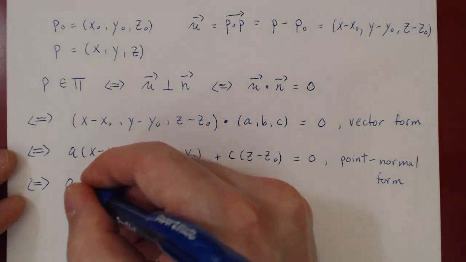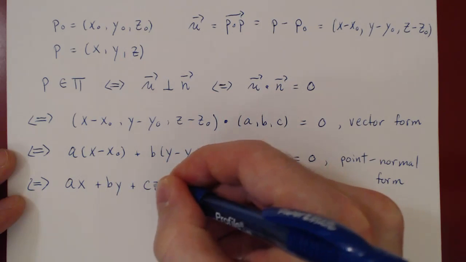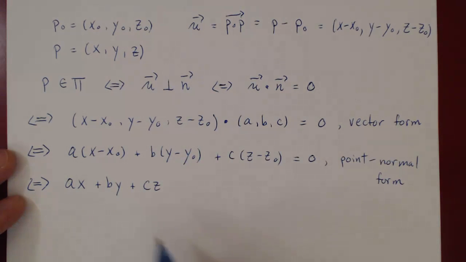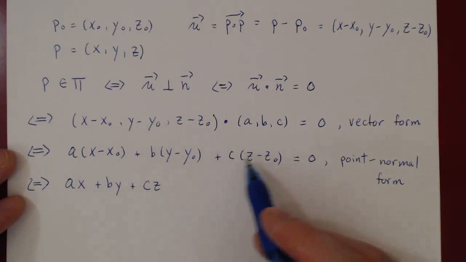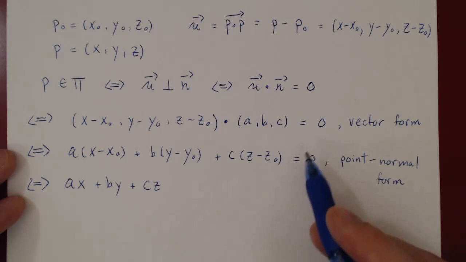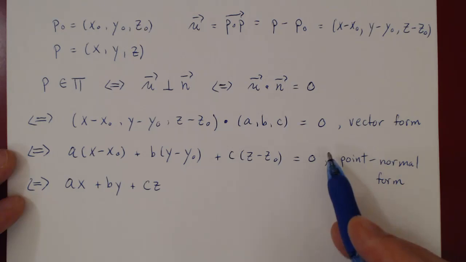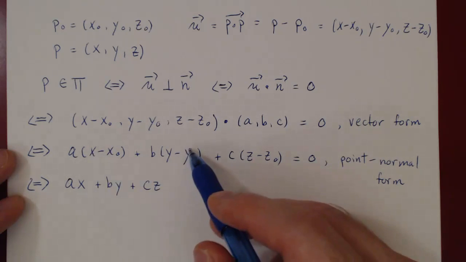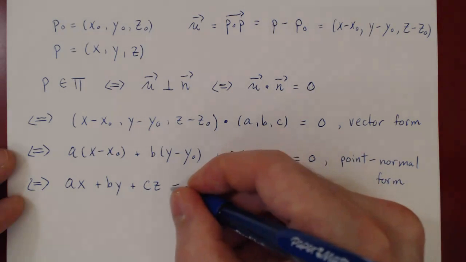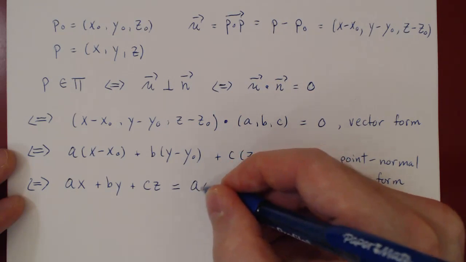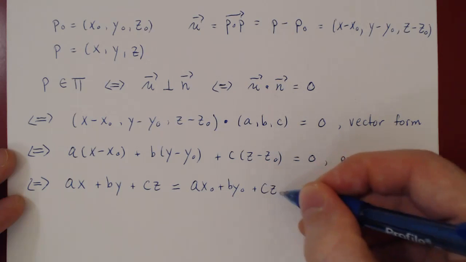And then we'll be left with negative ax naught, negative by naught, negative cz naught is equal to 0. But then we'll send these three terms to the other side, and of course, they will become positive. So plus ax naught, plus by naught, plus cz naught.